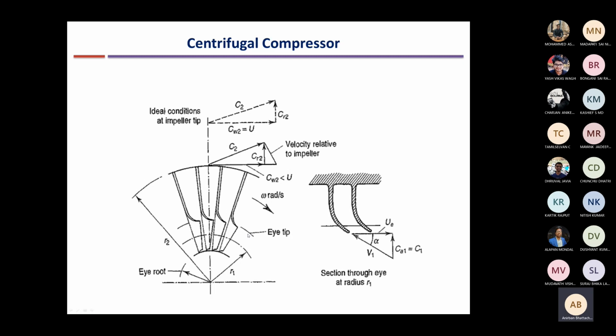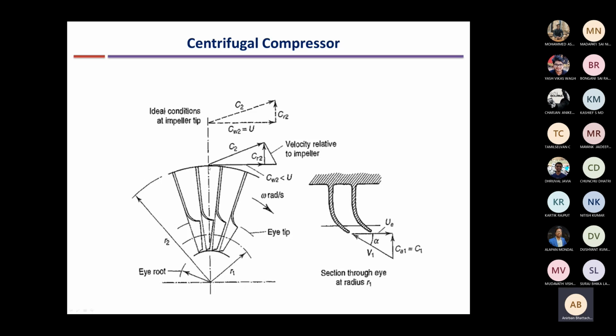R1T will be the radius of the tip. And if we do all the calculations based on the mean diameter, we will call that R1 mean, or R1. That is the mean radius, sorry. And R2, section 2, is at the end of the impeller.